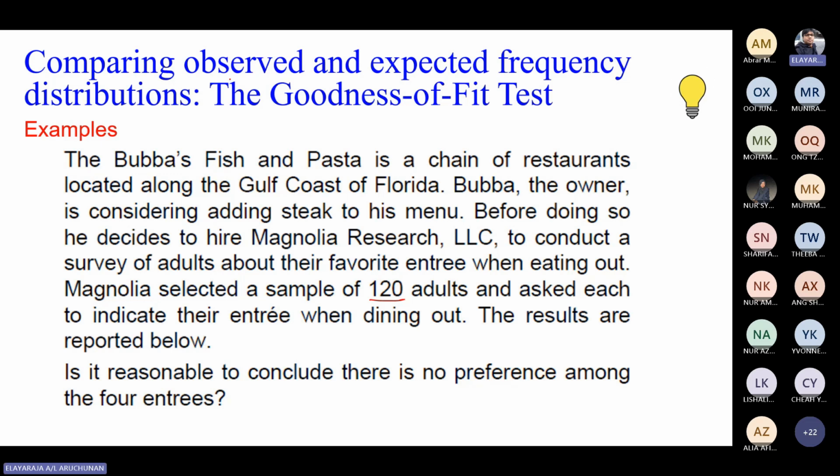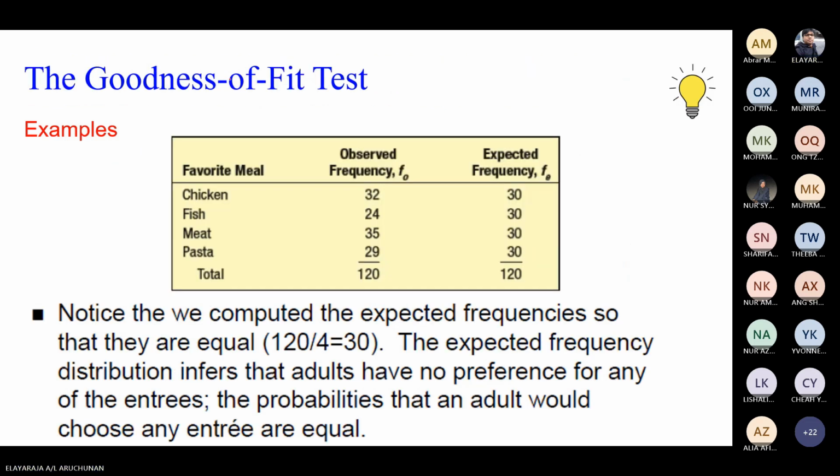Magnolia selected a sample of 120 adults and asked each to indicate their entree when dining out. This is the data we have. We have four categories: chicken, fish, meat, and pasta, with observed and expected frequencies. Chicken has 32, fish 24, meat 35, and pasta 29, which add up to 120. The expected frequency is all 30.